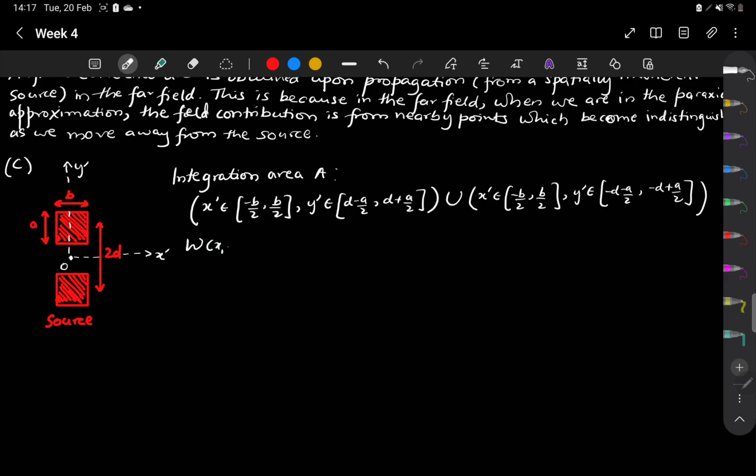Now W can be written, let me rewrite it in Cartesian coordinates.